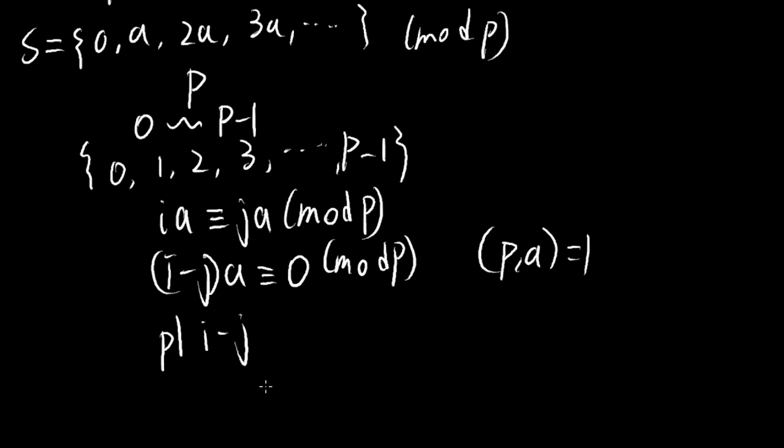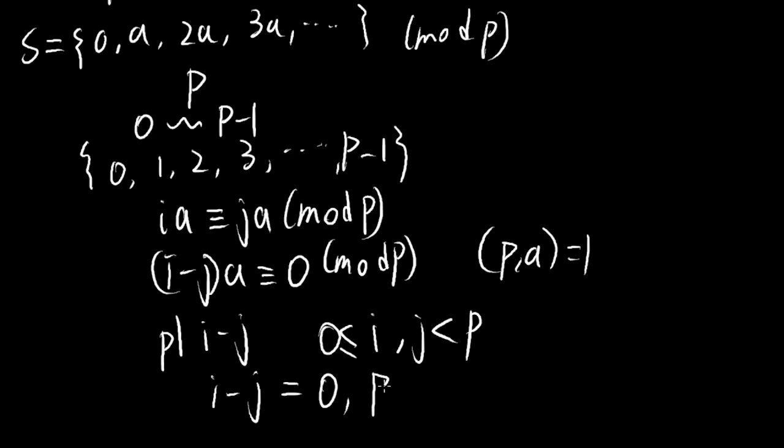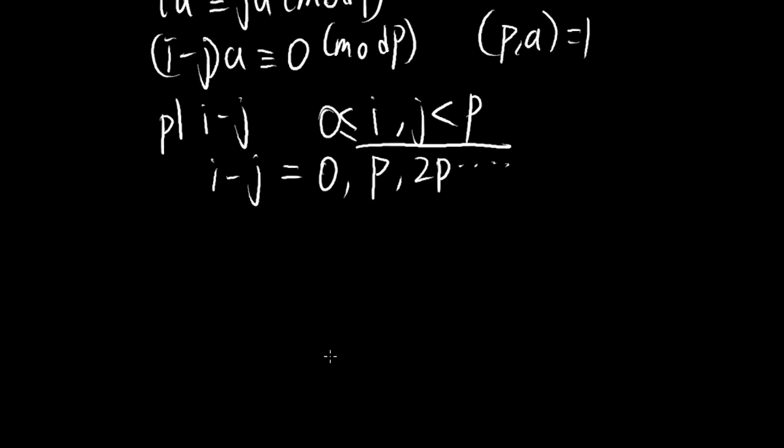And when p divides i minus j, at the same time we are talking about the first p elements, which means that i and j are smaller than p and greater than or equal to 0. So i minus j is 0 or p or 2p, but i and j are both smaller than p, which means i minus j cannot be p, and the only choice is 0, which means that i equals j.